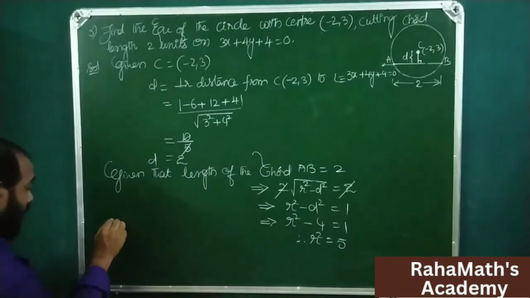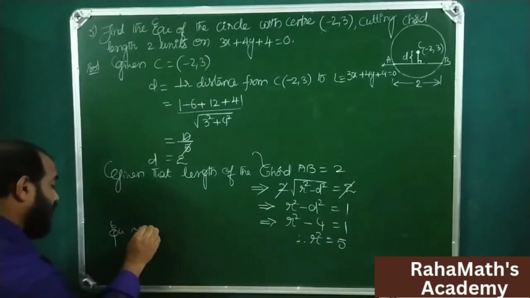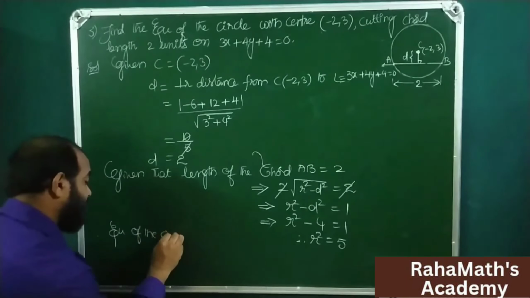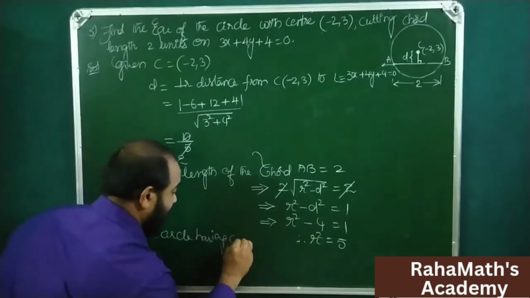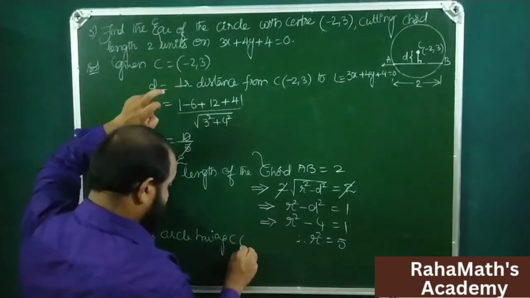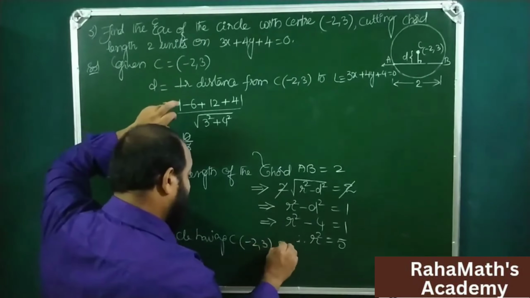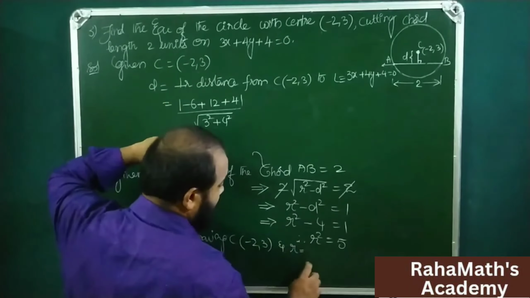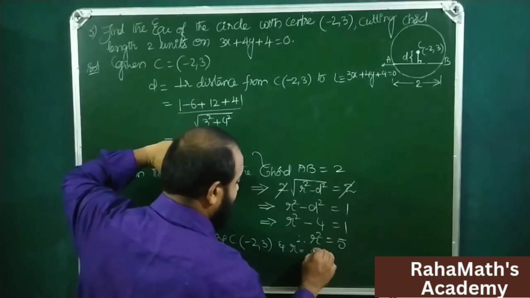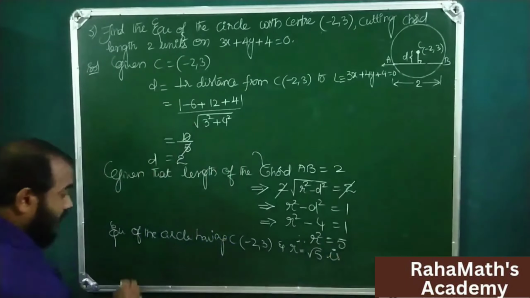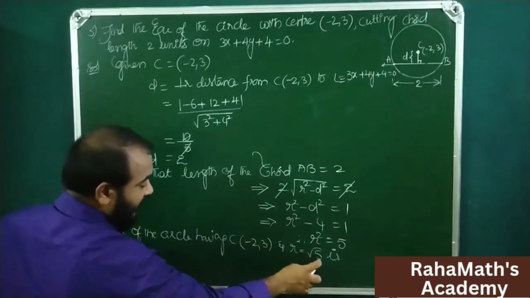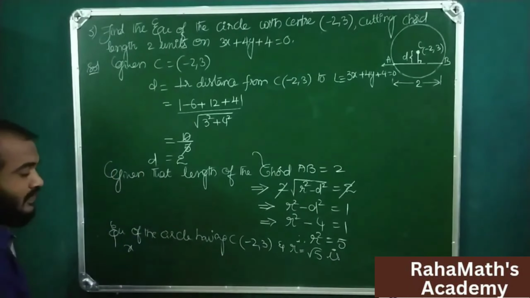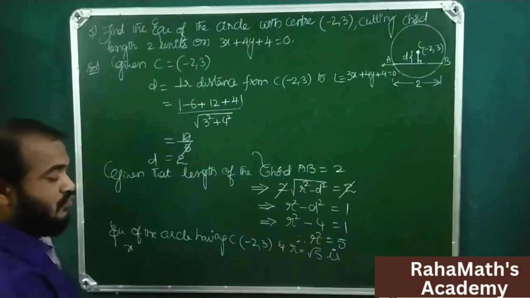Therefore the equation of the circle having center C = (-2, 3) and radius root 5 is, with center (h, k) and radius r, (x - h) whole square plus (y - k) whole square equals r square.